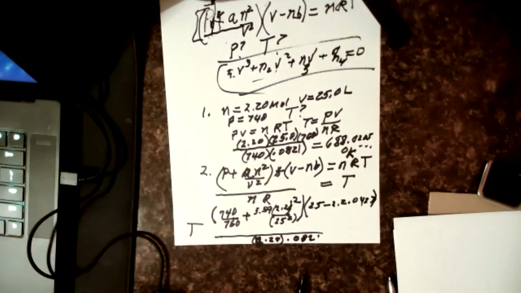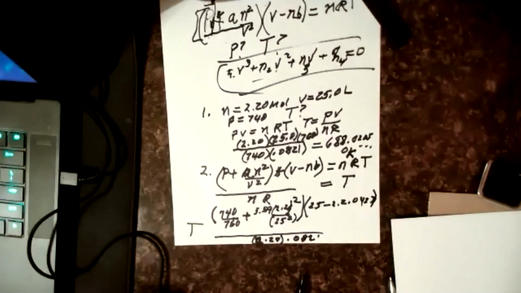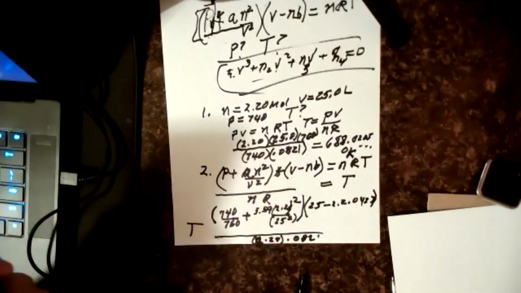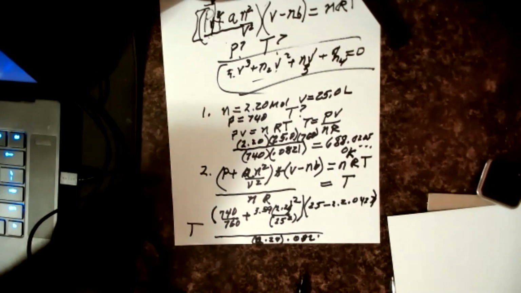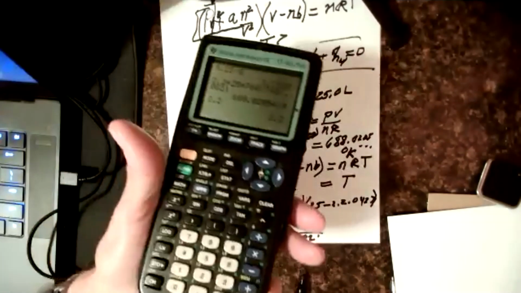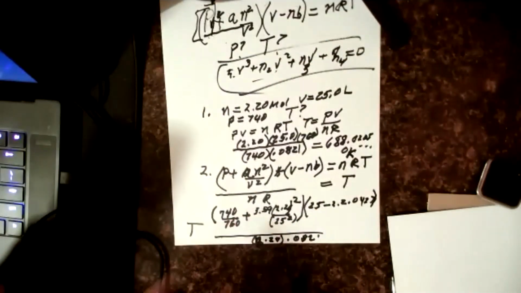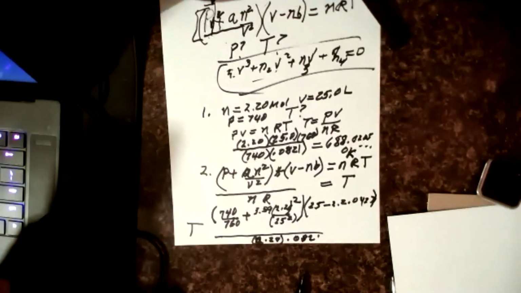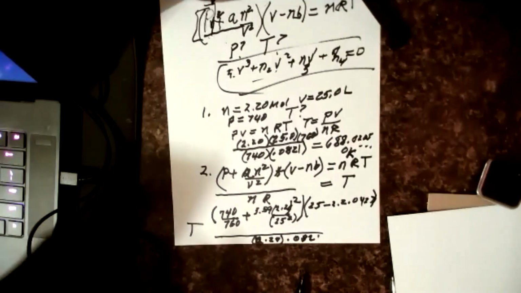But let's keep our head about us. And here's what I'm going to do. I'm going to take my calculator, and I'm going to put N in the calculator first. It's 2.2 because I've got to put that thing in many times. Okay, so my calculator now has 2.2 for N. So here's what I'm going to do. I'm going to take 740 divide by, no, wait, I need a parenthesis.